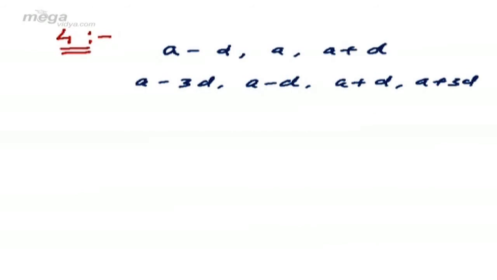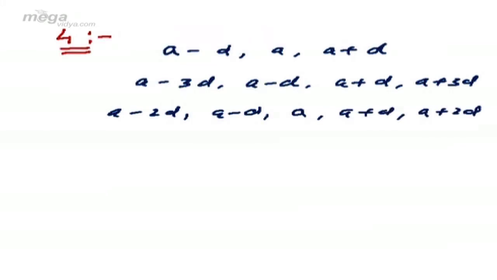If you want to take 5 numbers, in that case A minus 2D, A minus D, A, A plus D, and A plus 2D, and so on. This is the method to suppose 3 numbers, 4 numbers, 5 numbers, and any number of terms that will be in AP.